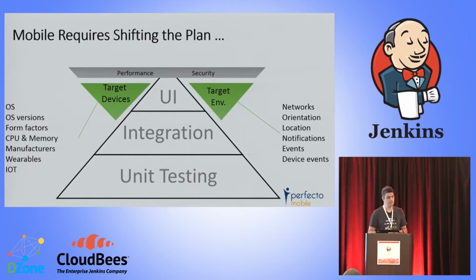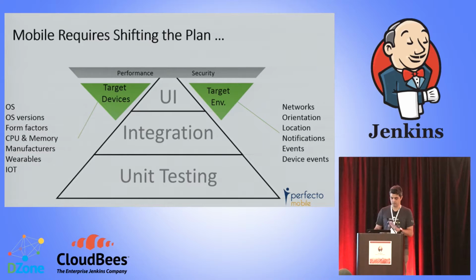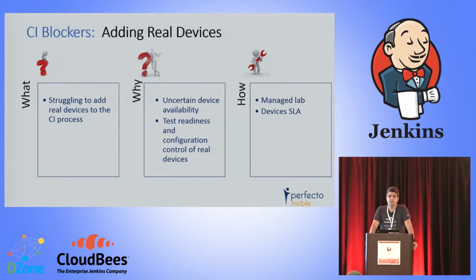So what I want to do now is to drill down, to give you a real example, even some code example. And let's talk about the problems that we have, and then what is the solution. The biggest problem is that it's really hard to add real devices to the CI processes. We just had the conversation before that setting up local labs is easy to set up, but really hard to maintain.